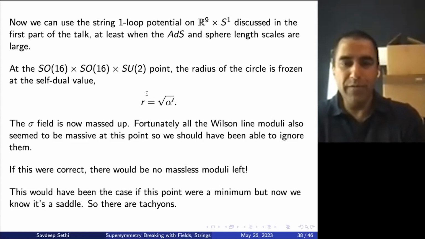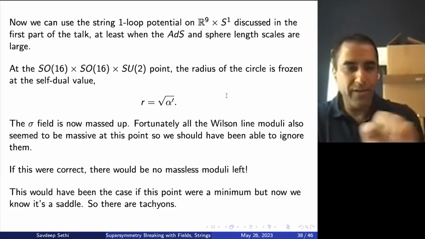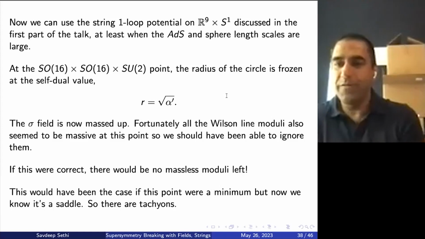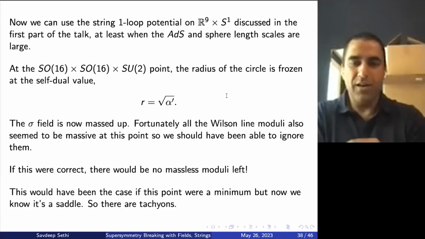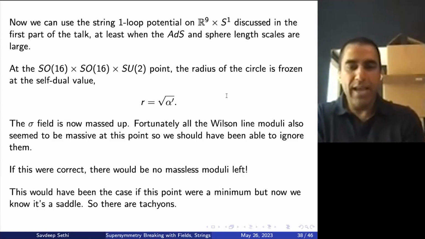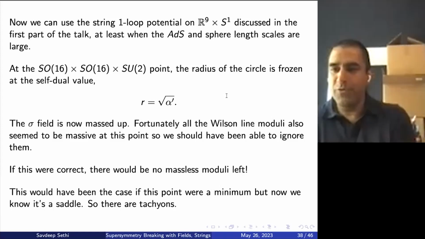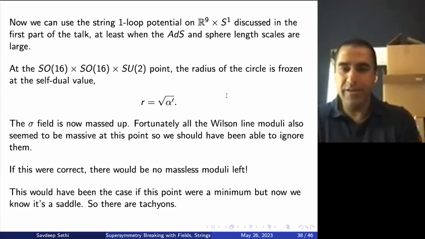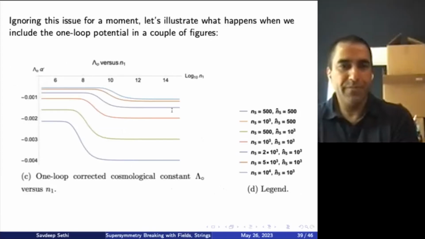If it had been a minimum of the potential, it would have massed up the radius of the circle, and it also would have massed up all the Wilson line moduli. Everything would have been massed up. And we could have just forgotten all of the massless modes that came from the tree level string. But now we know it's not quite true. There's actually a direction in which the cosmological constant decreases, so there's actually a tachyon at that extremum. And we have to worry about it a little bit.